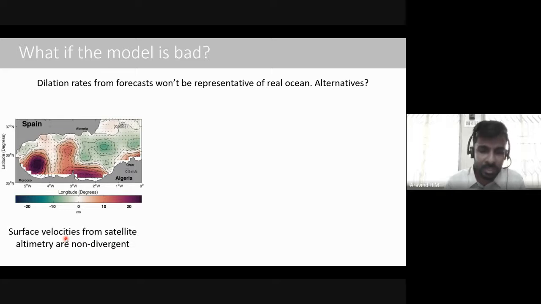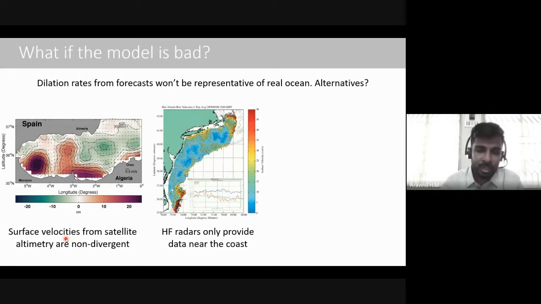And as a result, we'll get zero dilation rates everywhere. That's not good. The other thing is we can probably try using HF radar, the high frequency radars that can give us fairly accurate surface currents. But the problem is this can only be used in regions near the coast. And if you're out in the open sea, this doesn't really help us.